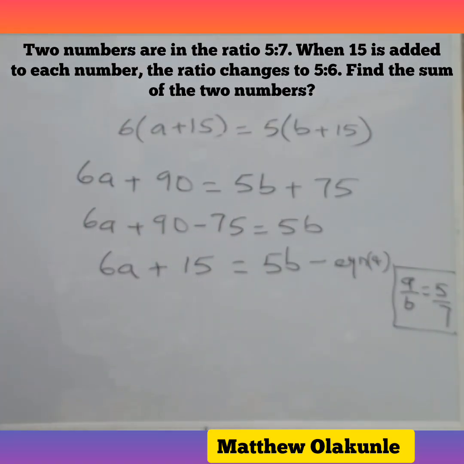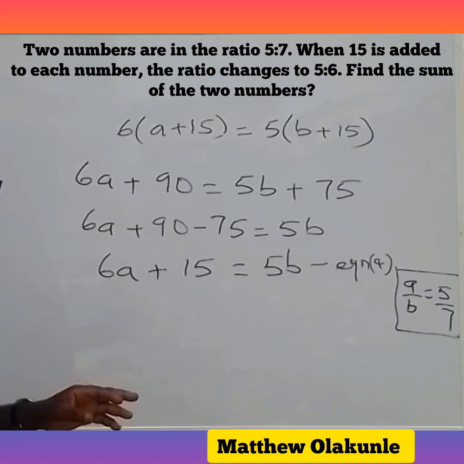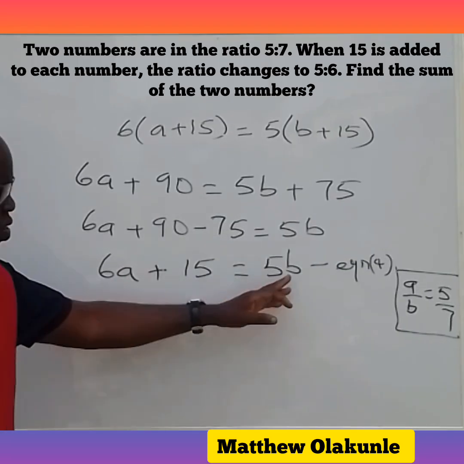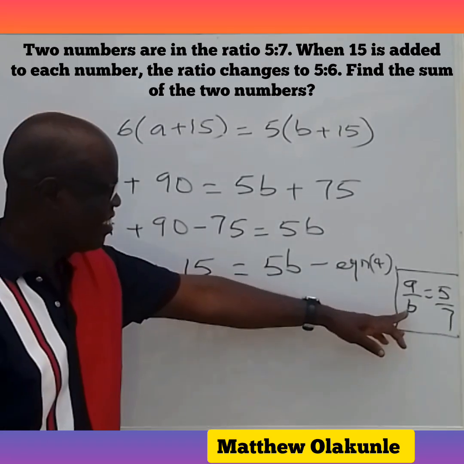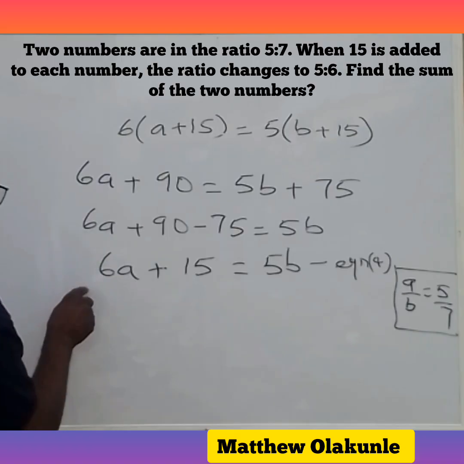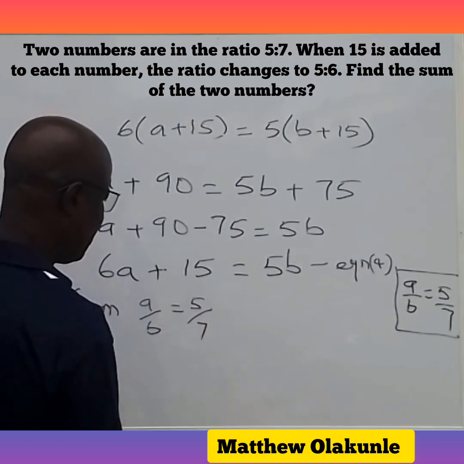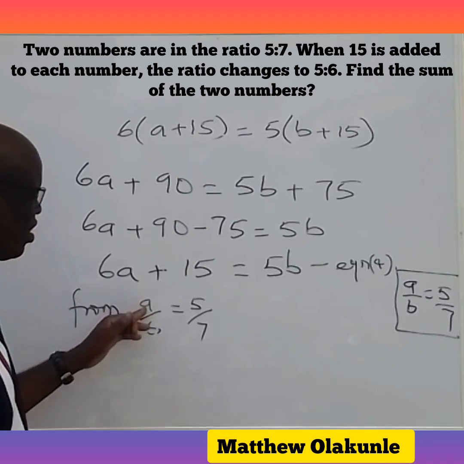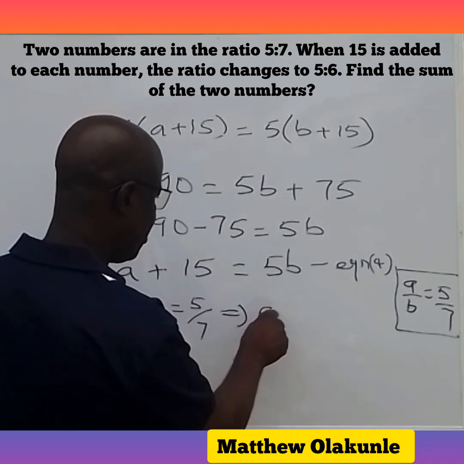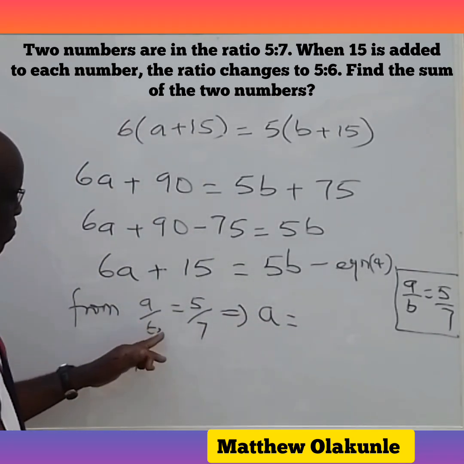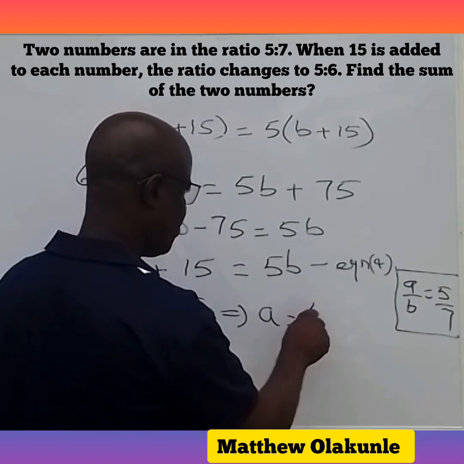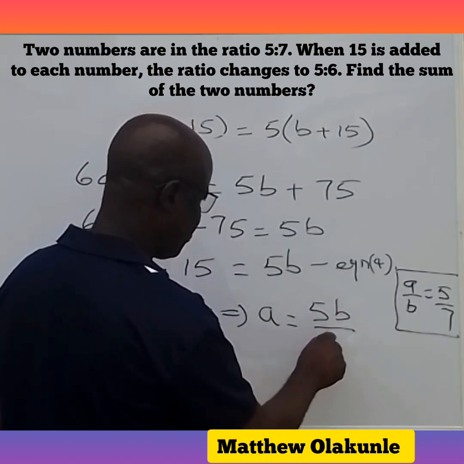Now, don't forget that I am trying to find what is A and what is B. From equation 1, you can do cross multiplication and you get A is equal to 5 times B all over 7.